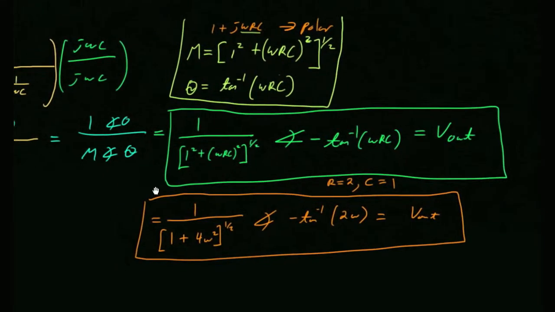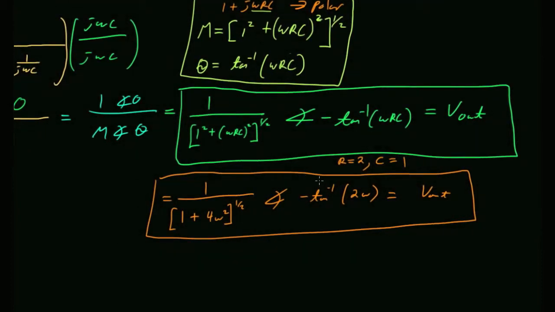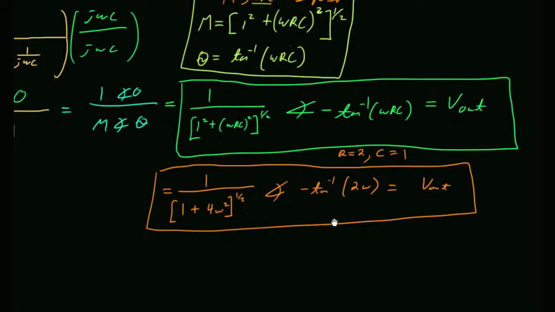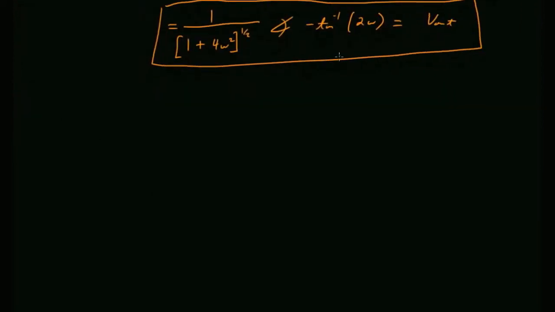Okay, fine, that's right, but what does it mean? Can we interpret that? I think we can. Let's try some examples. Let's make a table: omega, and then V in and V out.